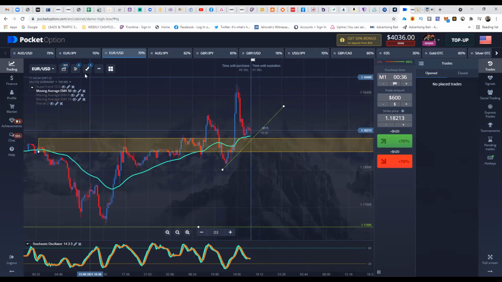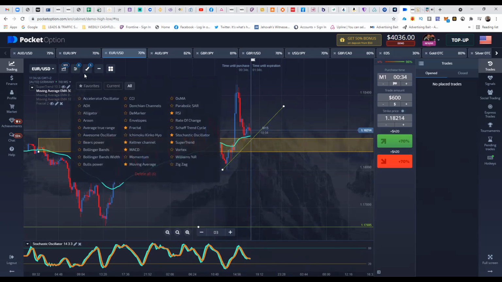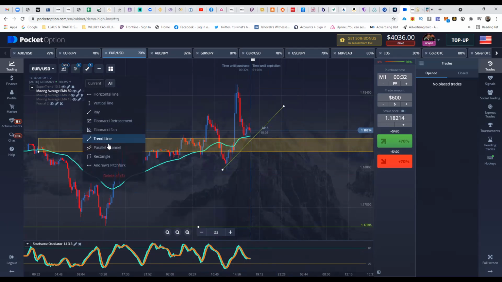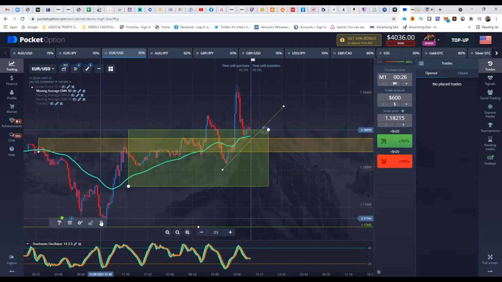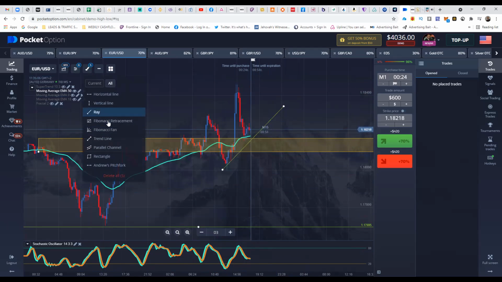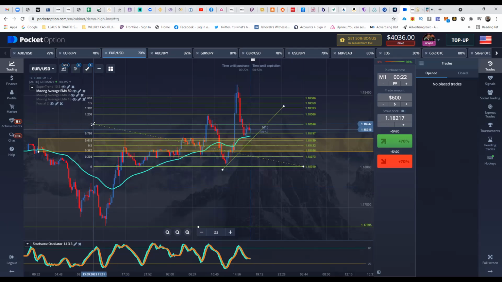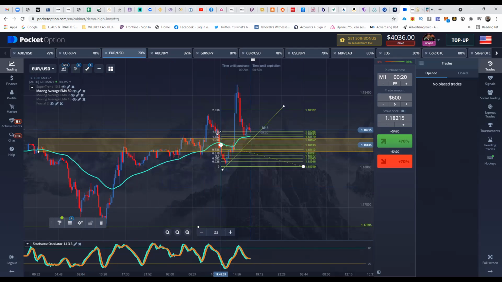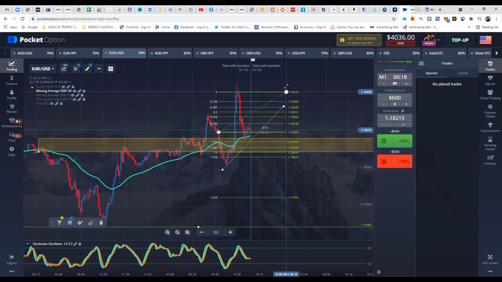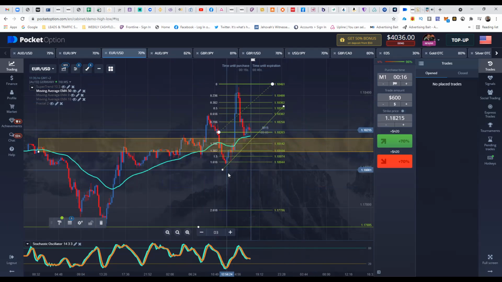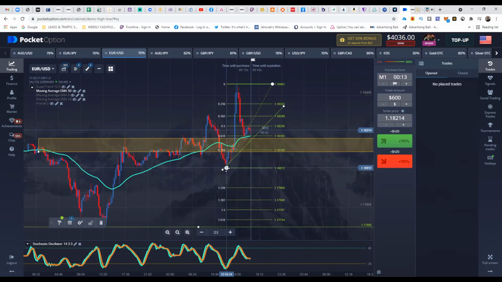So that's what I will put. Then I will pull out the fib. No, let me delete this. There we go. Most recent low here. Most recent high here. Pull it down to the most recent low. Okay.